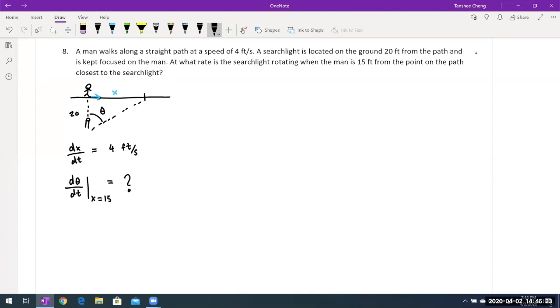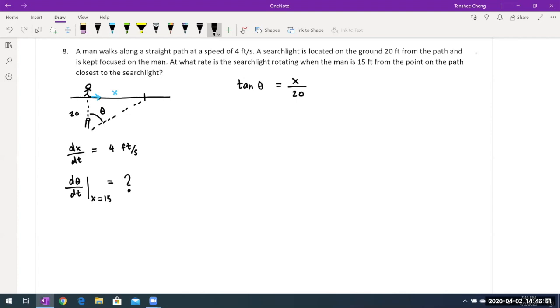So looking at this, we are talking about trigonometric functions again. Tangent theta is opposite over adjacent, which is x over 20, because we don't want to use sine or cosine, since we don't know this hypotenuse and we don't know the rate of change of the hypotenuse.